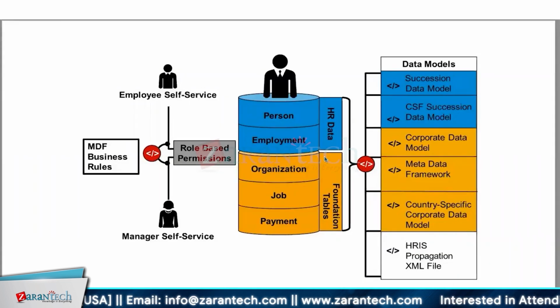When it comes to the foundation data, the company-related masters that I am saying are divided into three types. Organization information, the job related, we can call them structures actually: organization structure, job structure, payment structure. The org structure is going to have the organizational details like the list of companies.